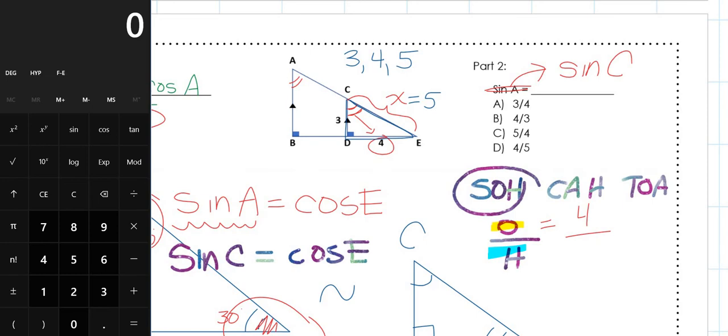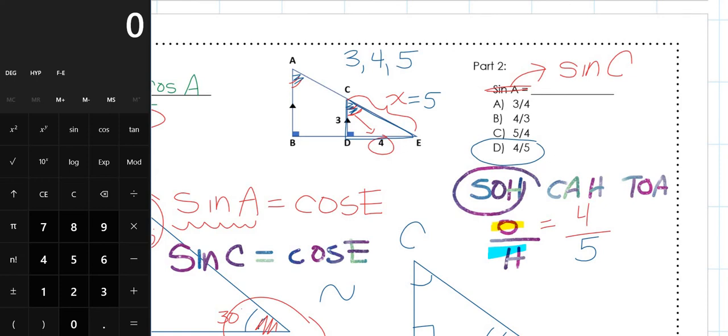So filling in my opposite over hypotenuse fraction, I'm going to put in 5 for the hypotenuse. So it's 4 over 5, which gives me the sine of C. And whatever I get as a sine of C, it's going to be the same thing as sine of A because the two angles are congruent. So my answer is going to be 4 over 5, which is choice D.